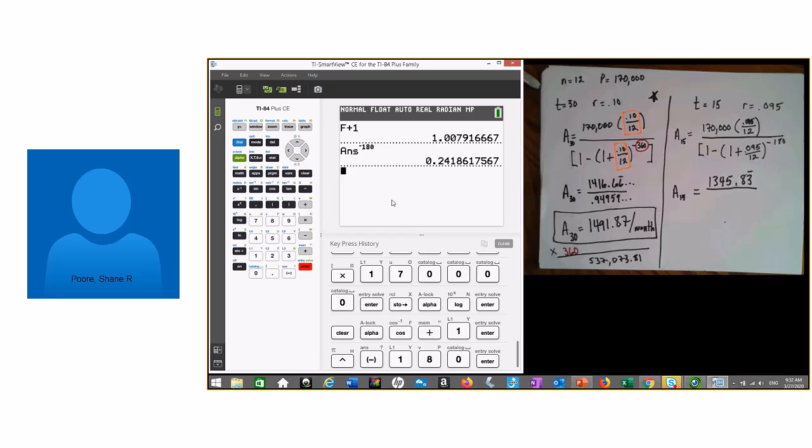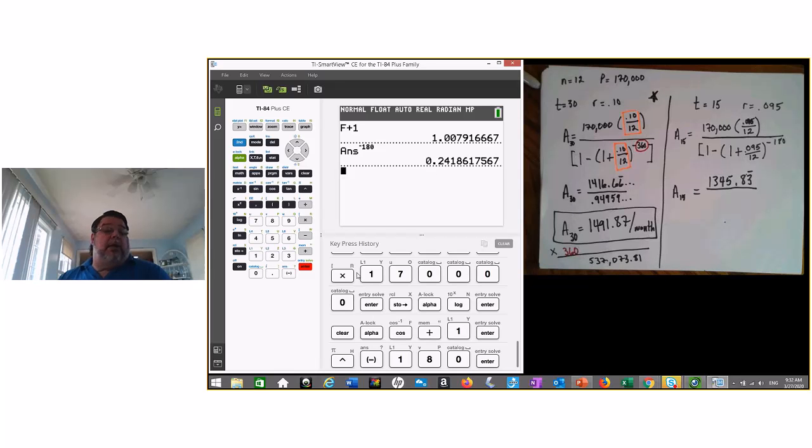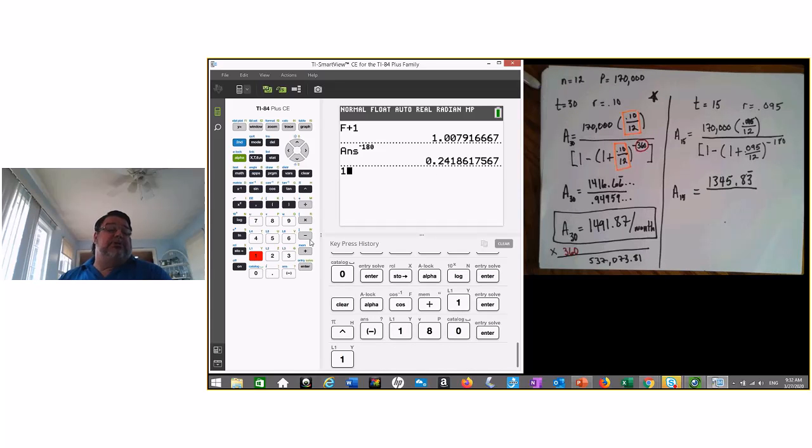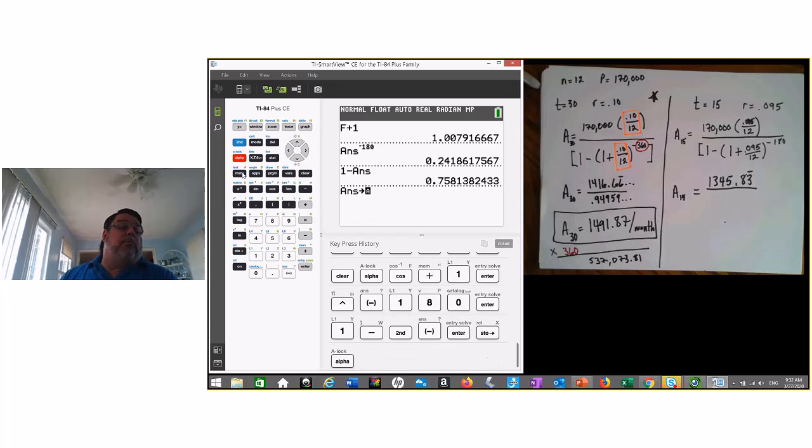And that's going to be 0.24, and then 1 minus, second negative symbol, and that's your denominator. So store alpha denominator.